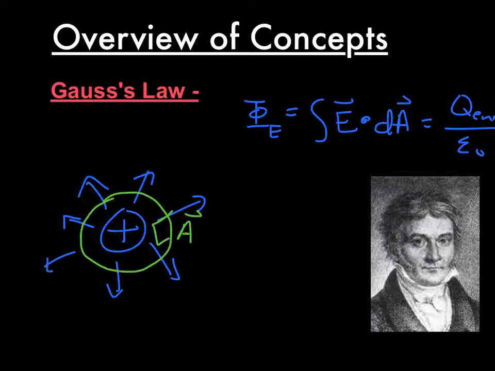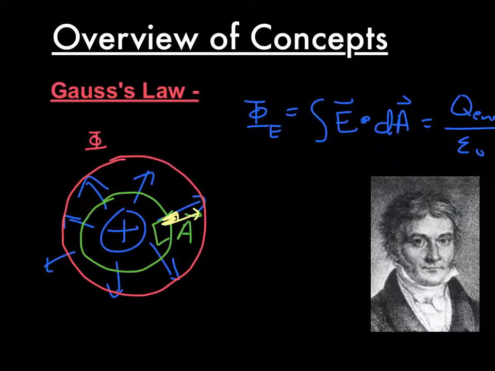Remember the area vector points perpendicular, so you're looking at things going perpendicular to this. The flux through that surface will be exactly the same as the flux through this surface. So Φ for the big surface will equal Φ for the interior.